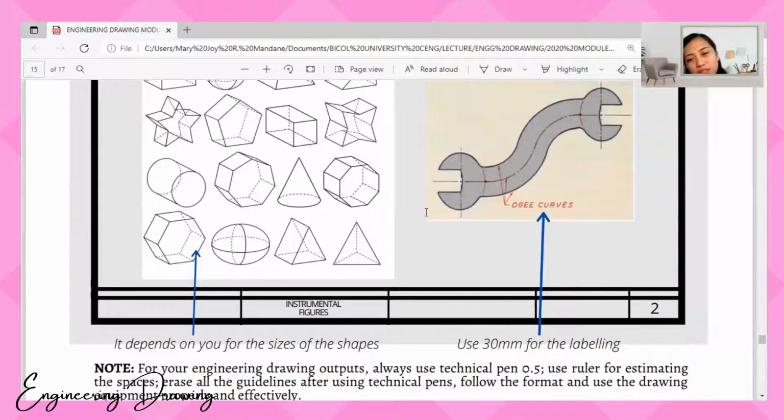Please use 30 mm for the labeling. Okay, 30 mm.